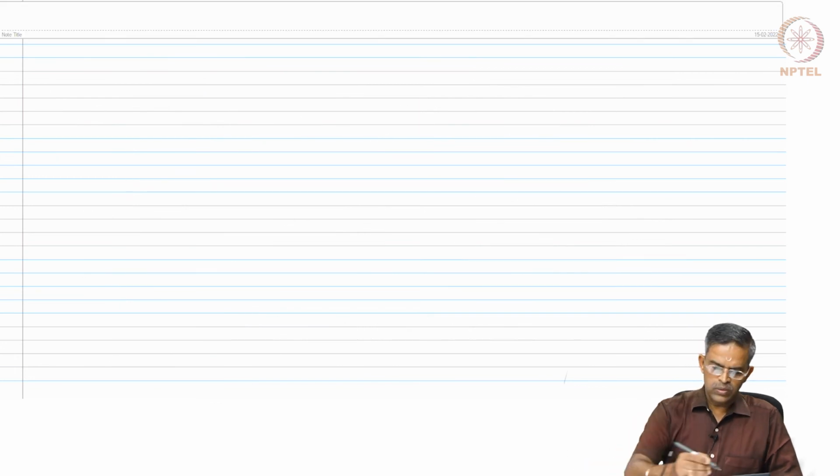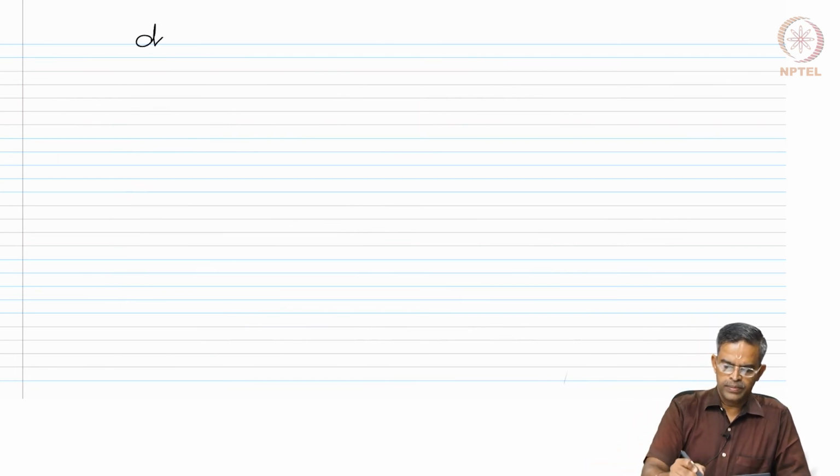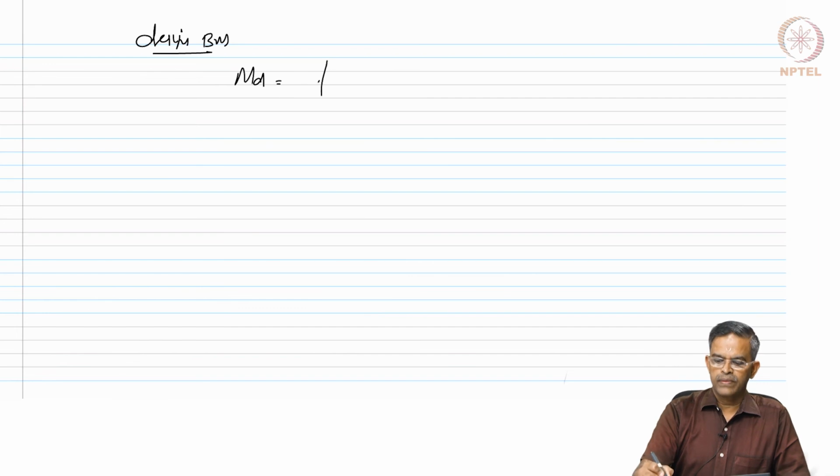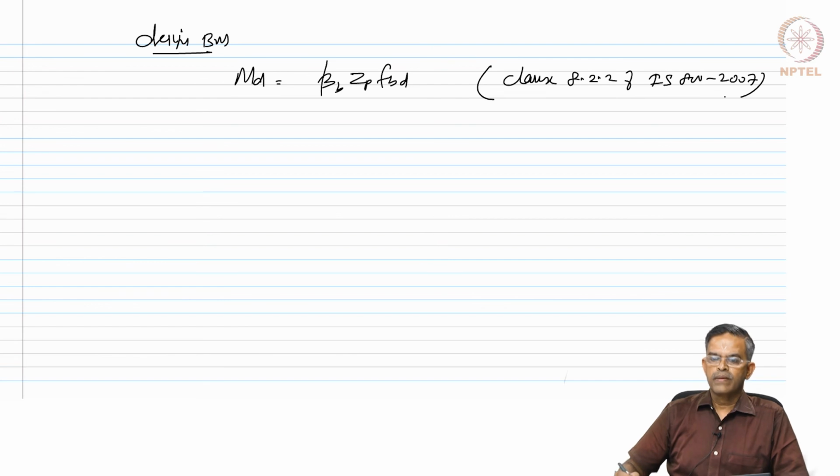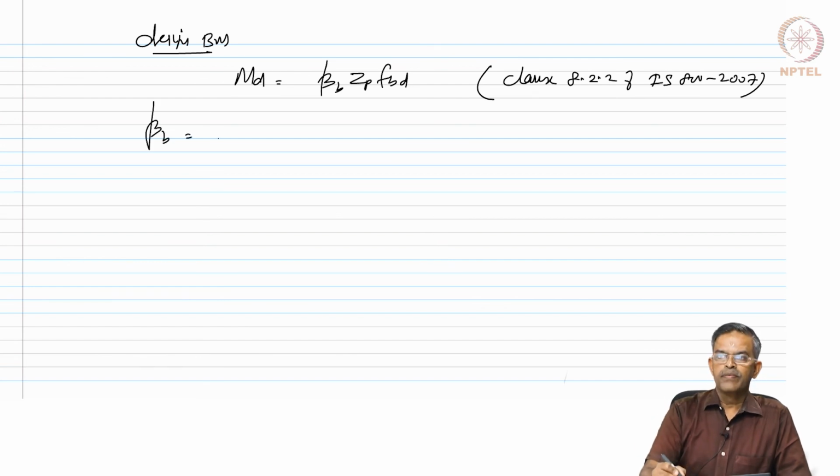Now let us compute the design bending moment. The design bending moment is Md, which is beta B Zp fbd. This is as per clause 8.2.2 of IS 800. So, what is beta B, which is 1 for plastic sections? We already declared this is a plastic section.